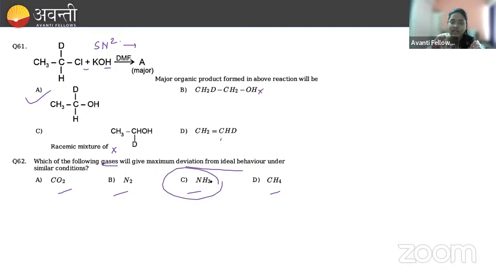But here NH3 contains hydrogen, so it will have hydrogen bonding, and since it has hydrogen bonding, it will show the maximum deviation from ideal behavior under similar conditions. So NH3 is our answer. Any doubt?